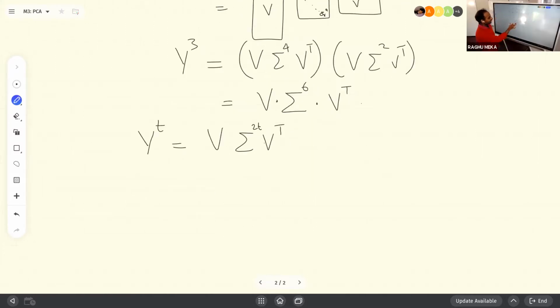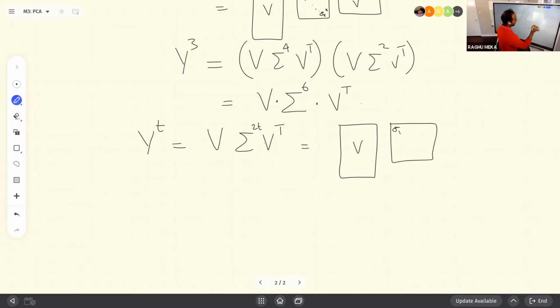So there's something nice here, that the V is not changing, but sigma is just being raised to a higher and higher power. Okay. Now, when I raise these numbers to higher and higher powers, what can happen?